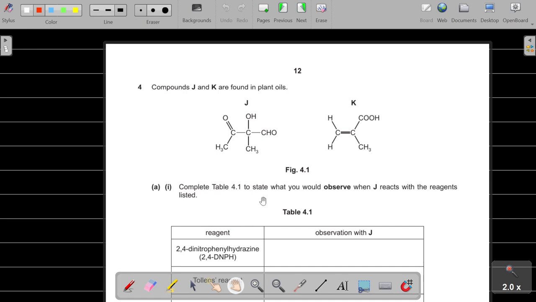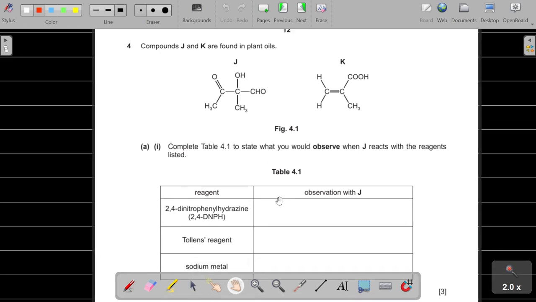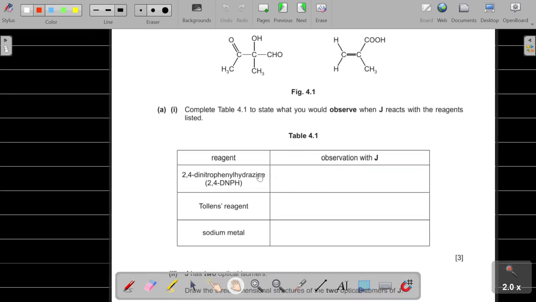Complete table 4.1 to state what you would observe when J reacts with the reagent listed. So we have this 2,4-dinitrophenylhydrazine. We use this reagent when there is a carbonyl group. This C double bond O group is known as a carbonyl group.